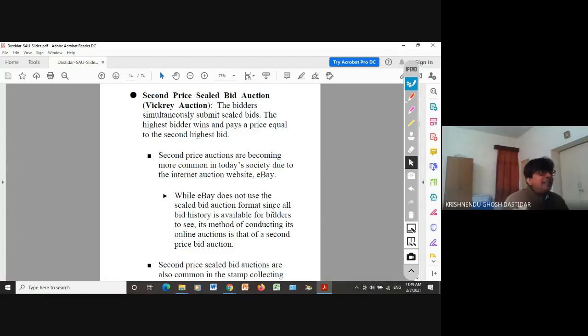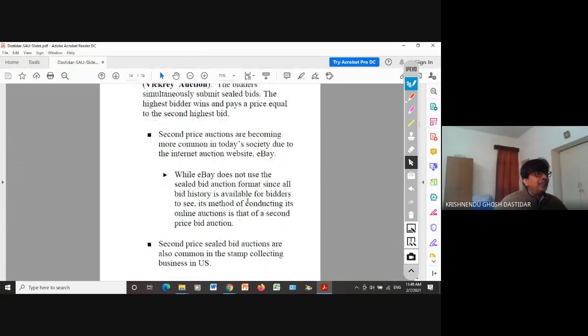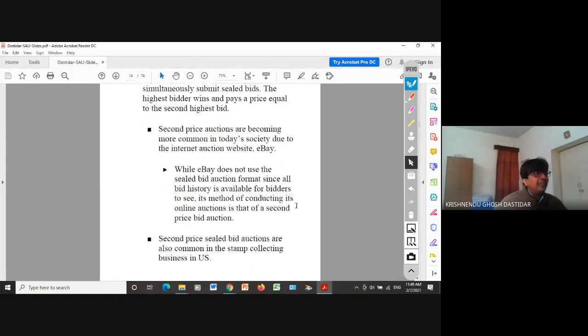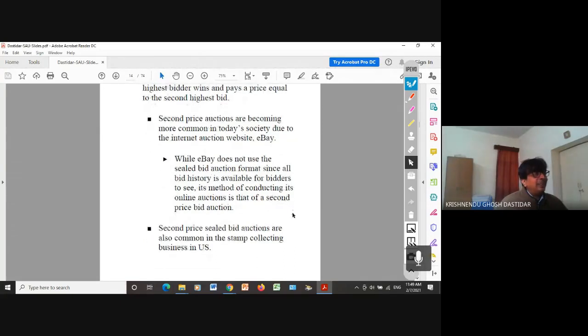Now, second price auctions are not as prevalent in the real world as first price auctions are. However, they are becoming increasingly common in today's society due to the internet auction website eBay. While eBay does not use a sealed bid format, since all bid history is available for bidders to see, its method of conducting online auctions is that of a second price sealed bid auction.